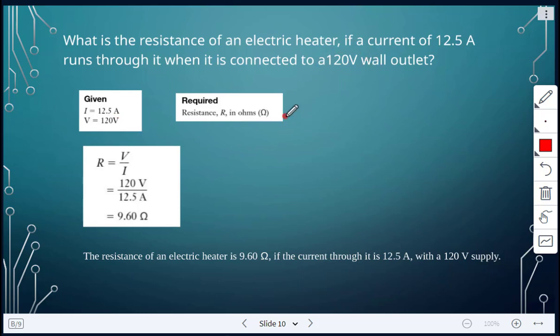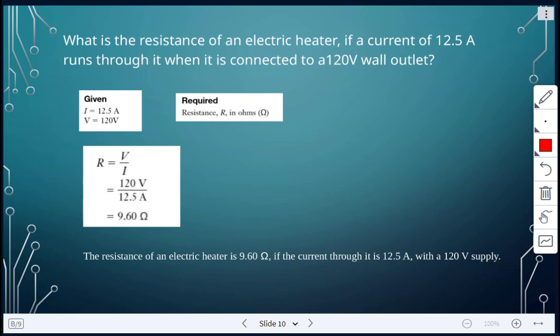What are we trying to find? We're trying to find the resistance in ohms. We know our formula, R is equal to V divided by I. So 120 volts divided by 12.5 amperes gives us our answer of 9.60 ohms. Lastly, we would just answer with a sentence: it's 9.60 ohms of resistance.